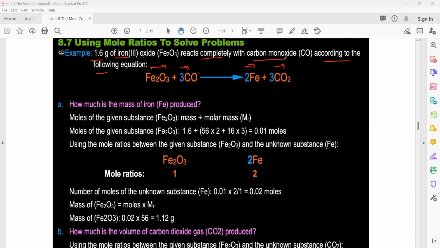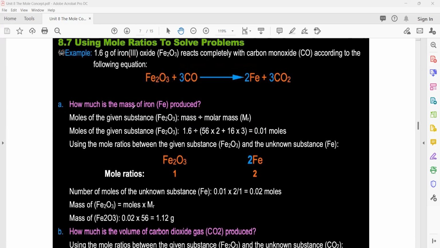This is known as a redox reaction, because the iron oxide is losing its oxygen, and this happens in the extraction of iron. In chemistry we will do this in the blast furnace, how you extract iron from its ore, hematite. So the equation is given here.